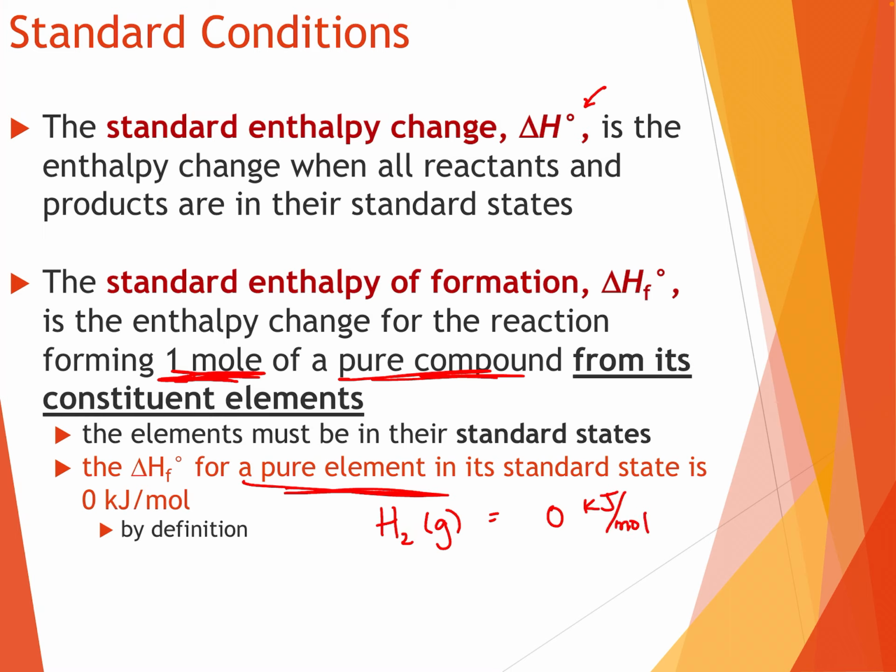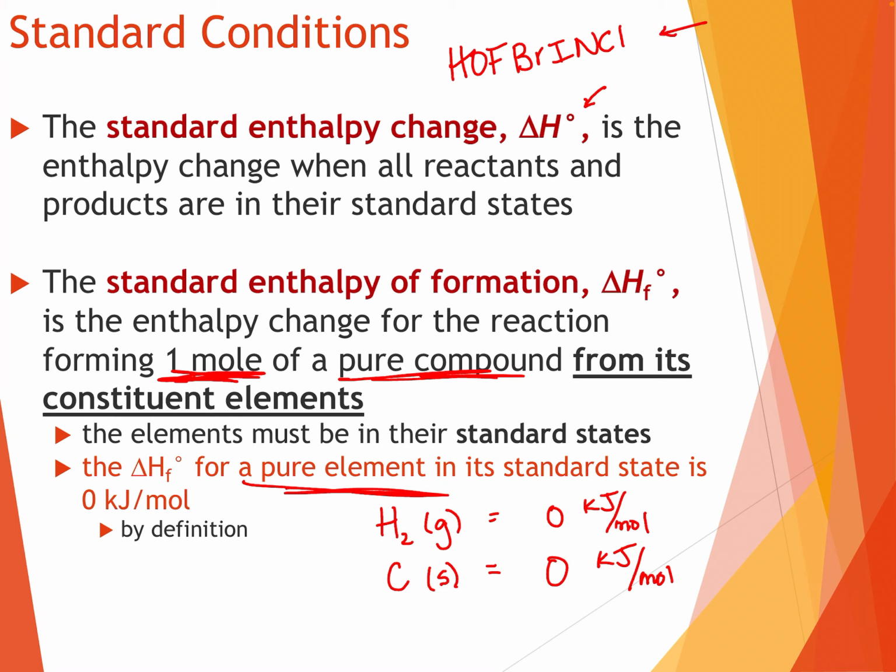It doesn't matter that hydrogen is diatomic. We know our diatomic elements. We are going to remember Hofbrinkel, or however you've chosen to remember them. All of those elements, when they are in their standard state, will exist as diatomics. Any other elements, like say carbon, will exist by itself as a solid, and it will still be 0 kilojoules per mole because it's a pure element in its standard state.